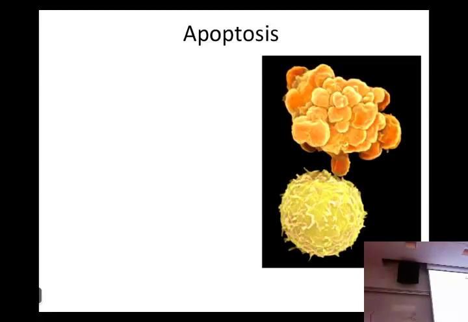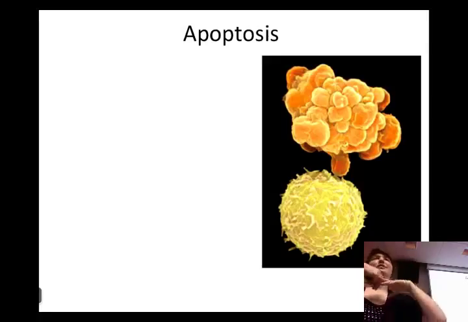On the top we have a cell undergoing apoptosis, which basically is this very controlled process of taking apart the whole cell. And these little blebs are membranes. Just basically you're taking it apart piece by piece so that you're not just exploding it, which would cause damage to the neighboring cells, because remember, there are lots of things inside of the cell, and particularly the lysosome has a lot of things in it that are dangerous.